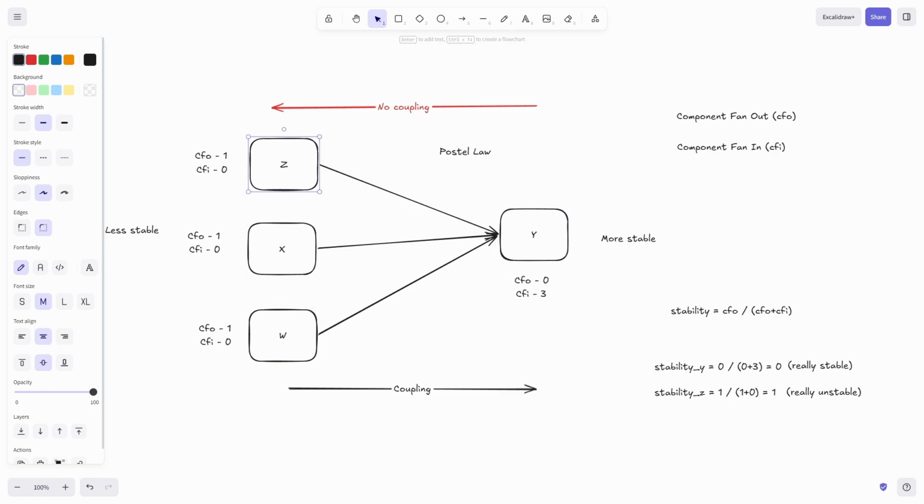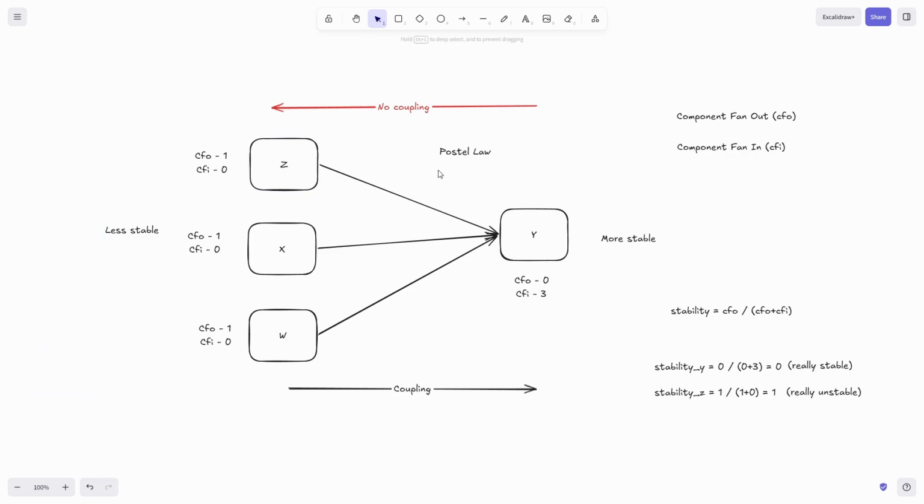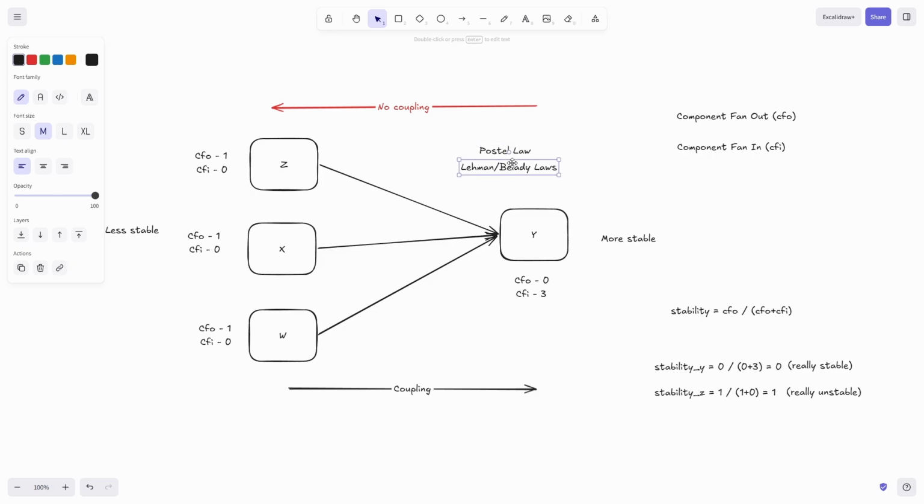There's also another set of laws called Lehman's laws, and Belady, I think, and there are also other laws. So I can write them here: Lehman slash Belady laws, also laws that are mentioned on this kind of topic.